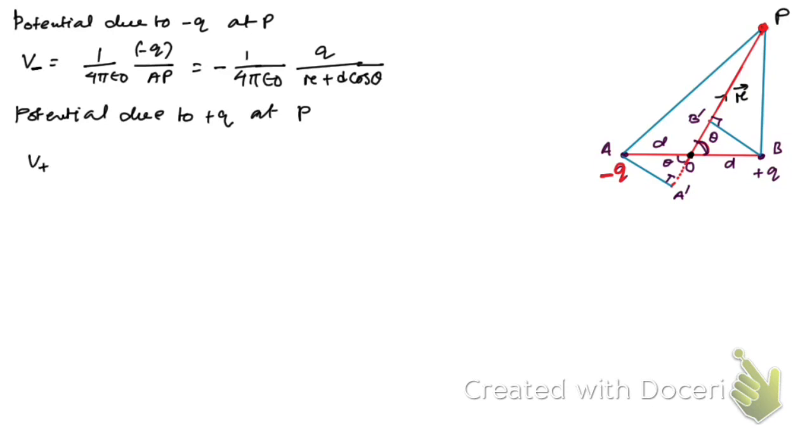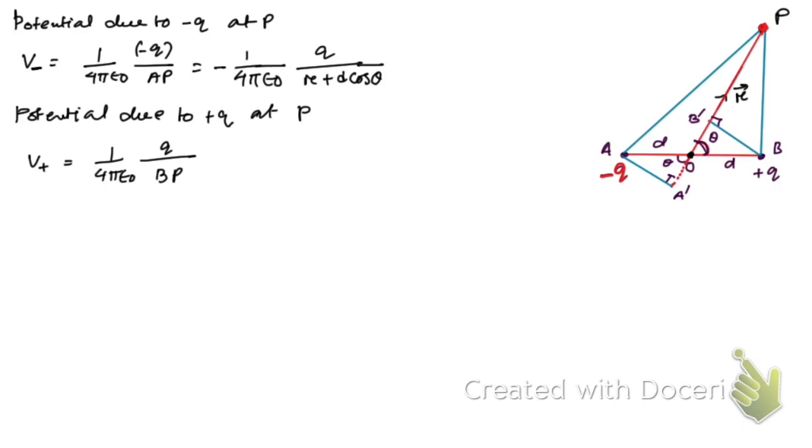Let me write this one as V positive. That's going to be 1 by 4 pi epsilon naught q positive by BP. Here the distance from q positive is BP, the distance between P and the positive charge.